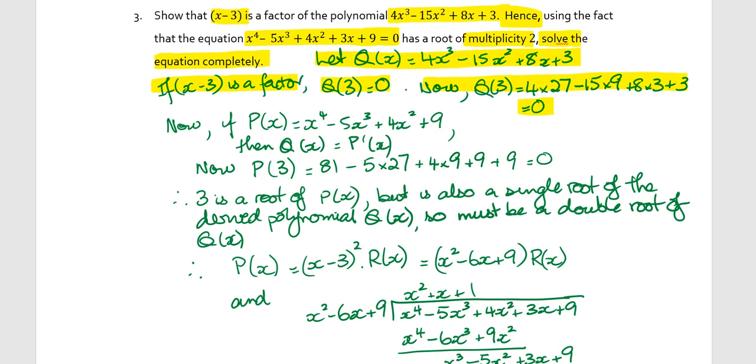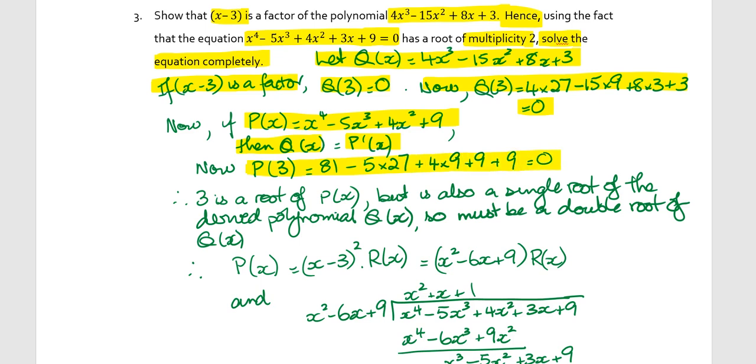So therefore, our polynomial has x minus 3 as a factor. Now, for this polynomial, Q of x is its derived polynomial. So P of 3 is, we plug those numbers in, and it's 0.